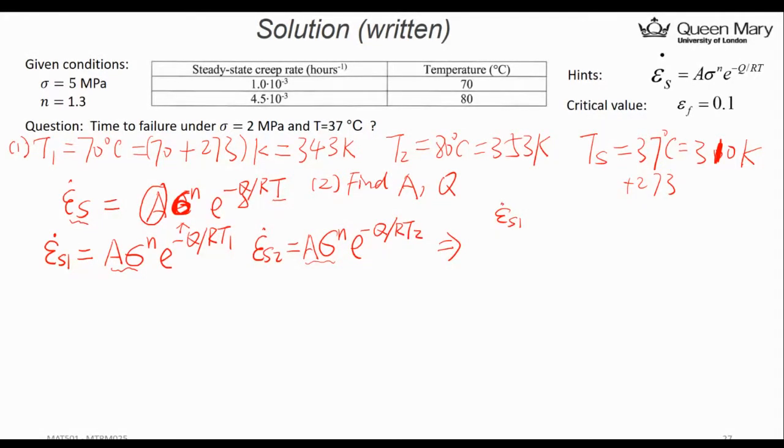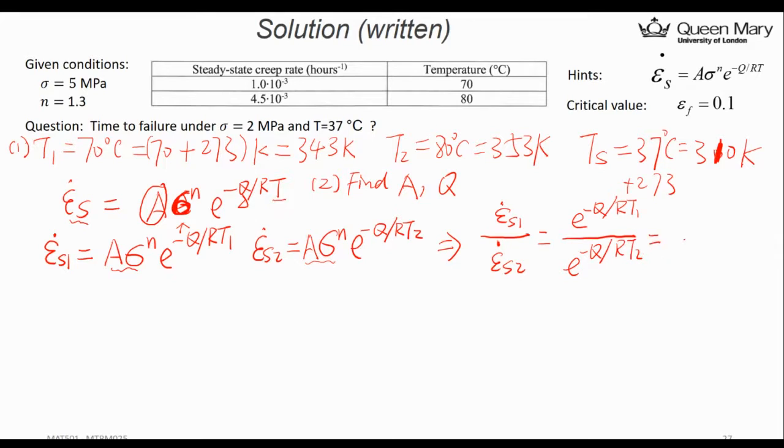Cancel that out by dividing epsilon S1 dot over epsilon S2 dot, which gives you e to the minus Q over RT1 over e to the minus Q over RT2.